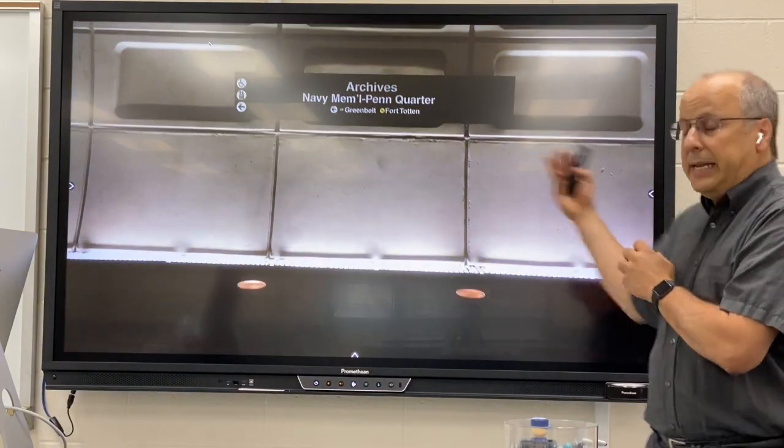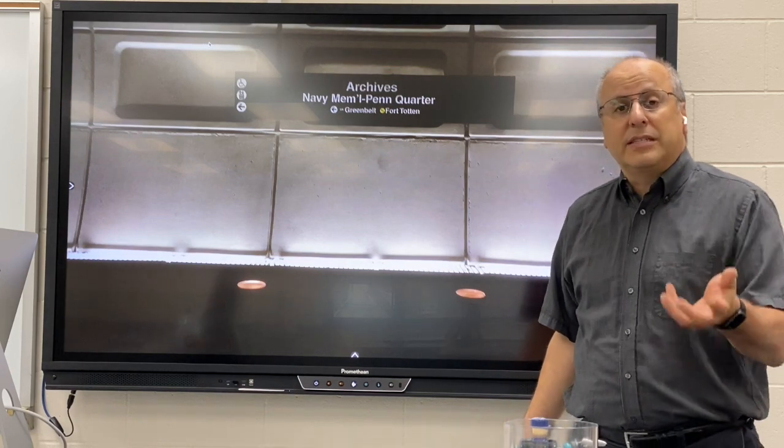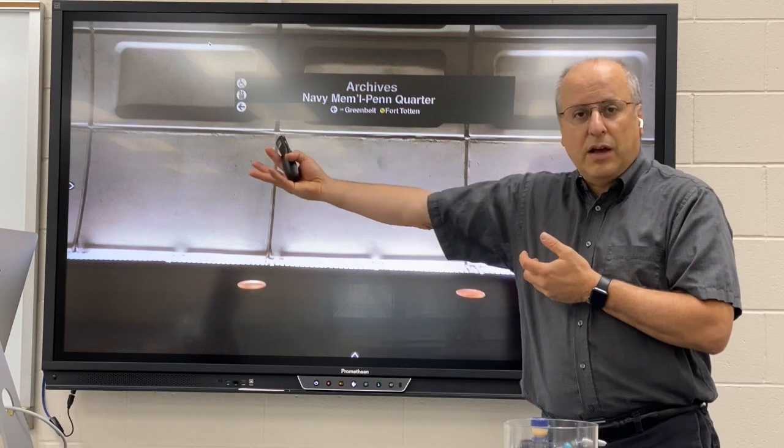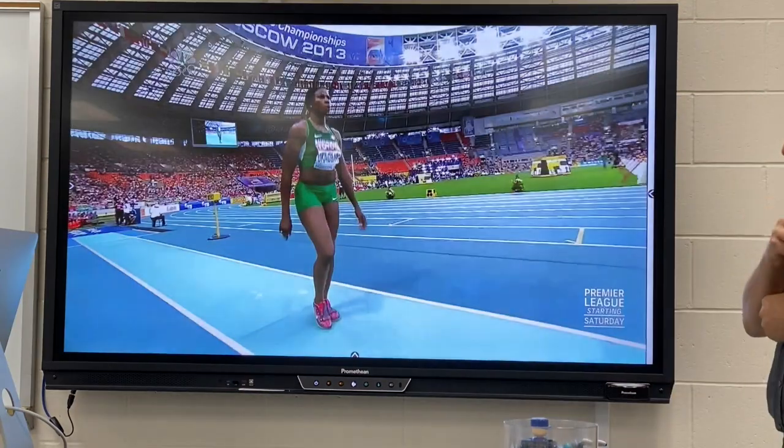You can see it getting faster and faster. If we're using the convention that left is negative, this would actually be a negative acceleration even though it's getting faster, because it's gaining velocity to the left.